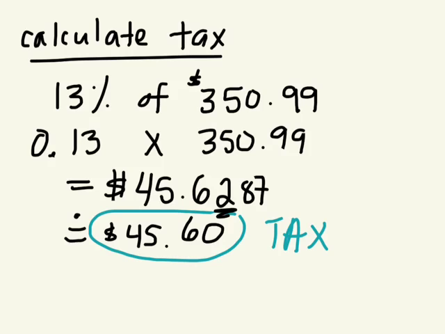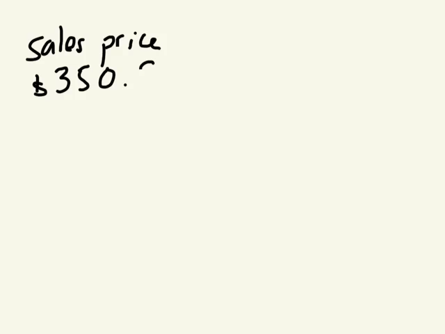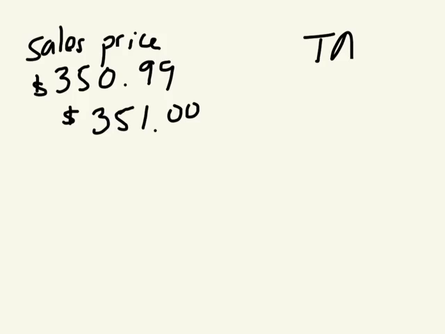Well, I want to know now the total of the item. Okay, so now we would like to know the total, including tax. Well, we're going to take the sales price, which was what? $350.99, which we should have rounded to $351, right? Because we don't have pennies. And we know the tax is, what was the tax?